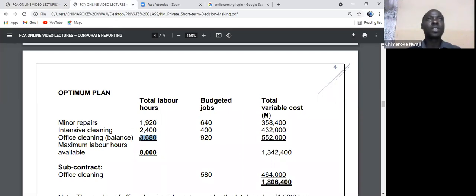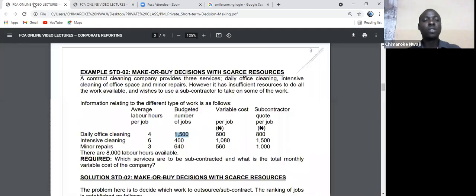So you ask yourself, how many jobs will you do that will give you this amount, 3,680? 3,680 is the total hours you want to spend. If you are taking it 4 hours per job, how many jobs will you do? So you divide 3,680 by 4, and that gives you 920 jobs.